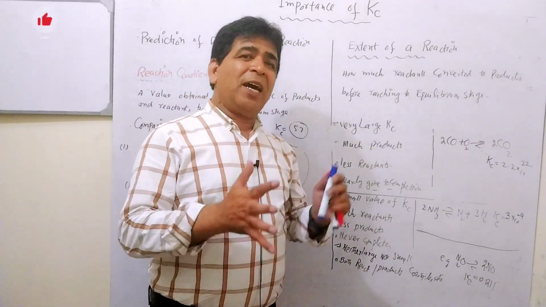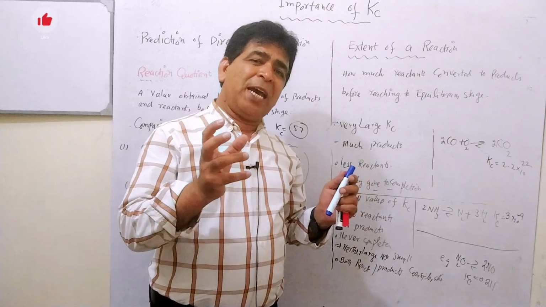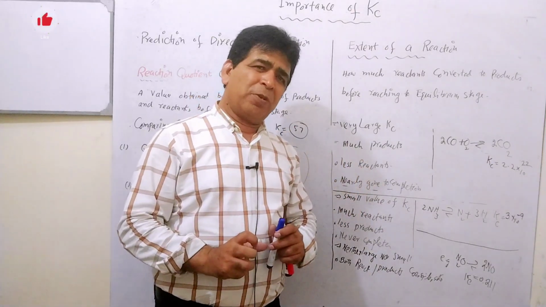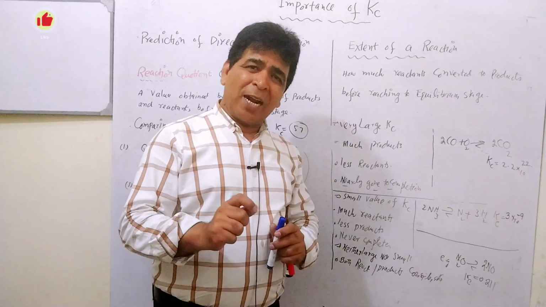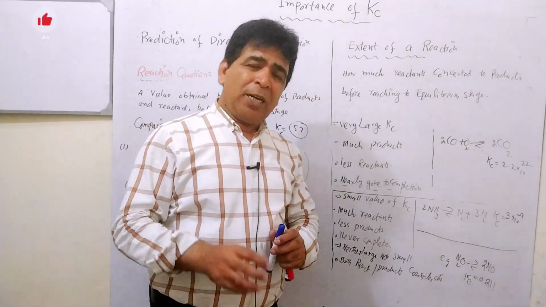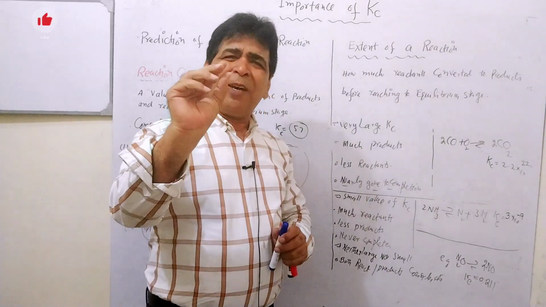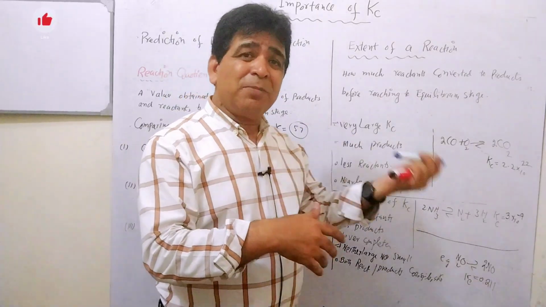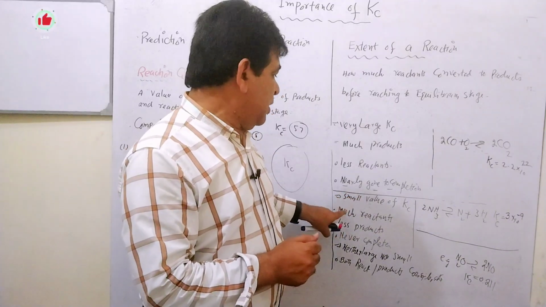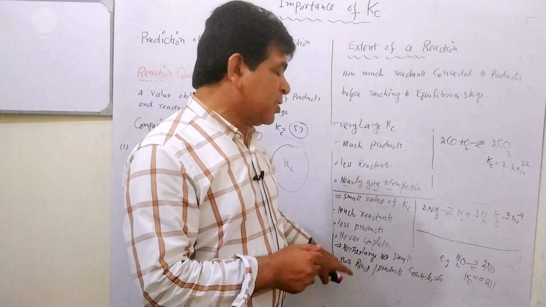What will the equilibrium mixture have? It will have mostly reactants and a very small amount of products, because the reaction started and at once went to the equilibrium stage. The products were formed in a very small amount, and a large amount of reactants were left behind. This reaction will contain much reactants, less products.